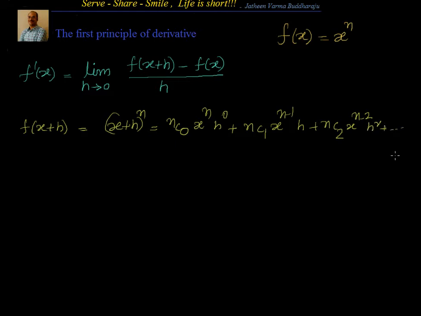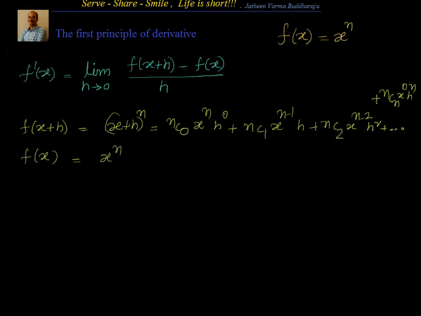I have to go till I reach nCn x to the power of 0 h to the power of n. That will be my last term. Now what is f of x? F of x is x to the power of n.